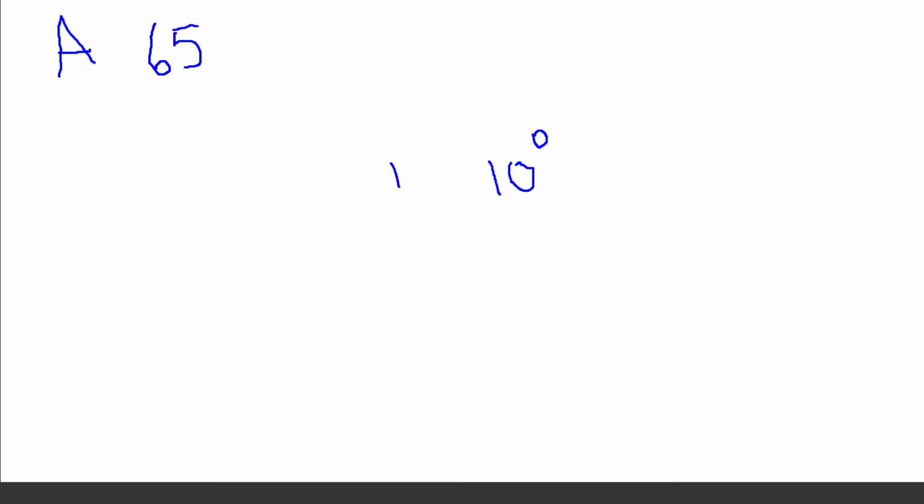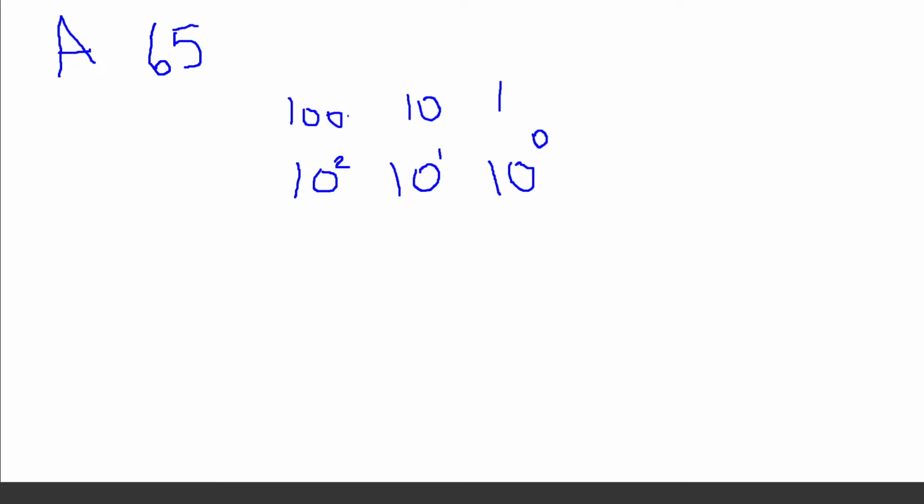So for base 10, it's 10 to the 0, 10 to the 1, 10 squared. 10 to the 0 is 1. 10 to the first is 10. 10 squared is 100.